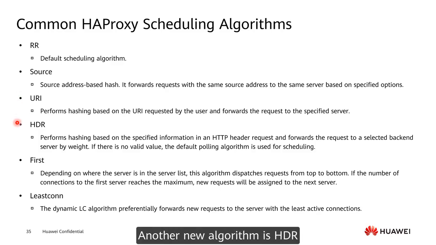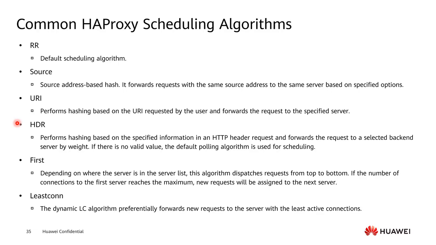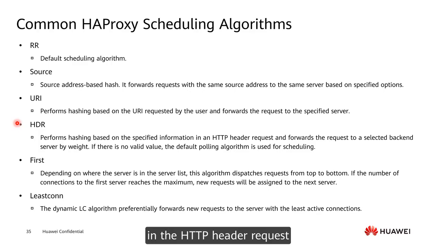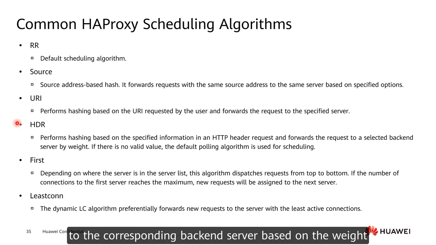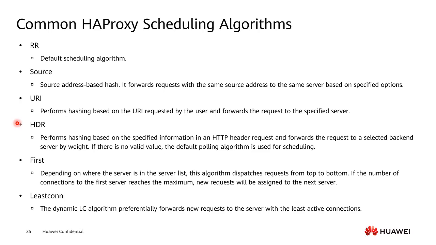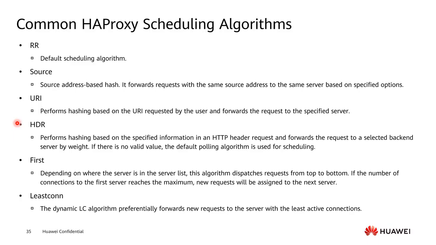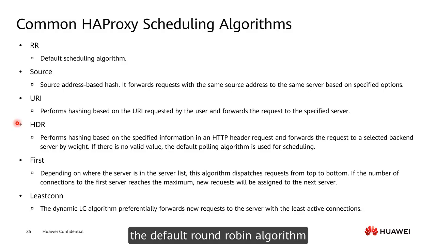Another new algorithm is HDR, which performs hash calculation on the specified information in the HTTP header request and forwards the information to the corresponding backend server based on the weight. If the specified value is invalid, the default round-robin algorithm is used for scheduling and forwarding.